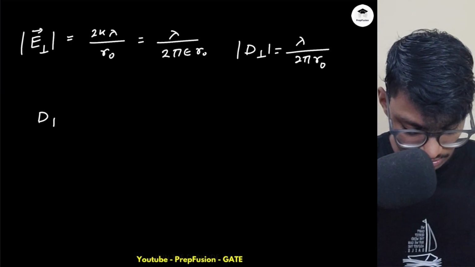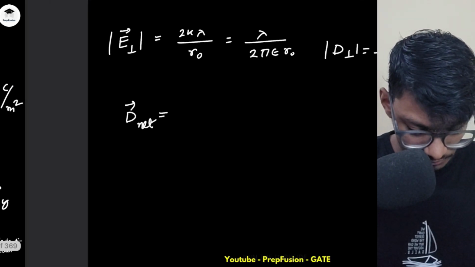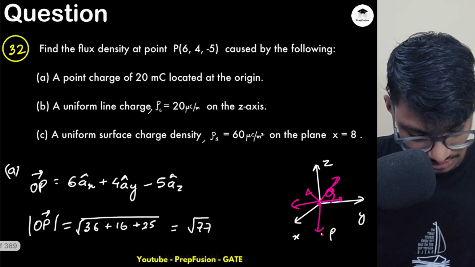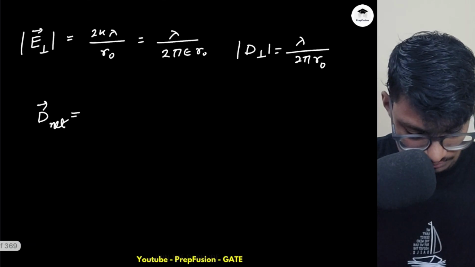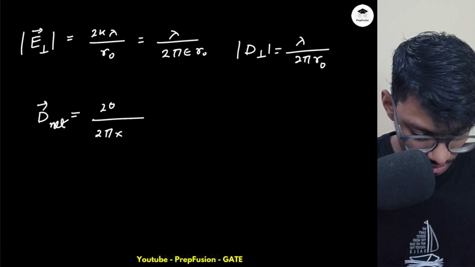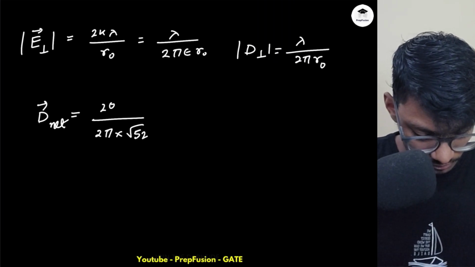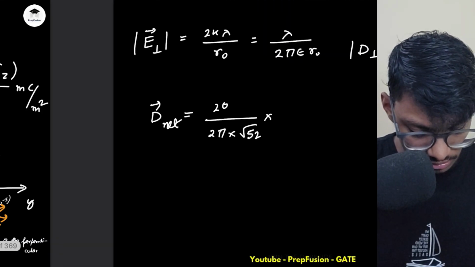So D net will be lambda. They have given us lambda 20 microcoulomb per meter. So I will just write this in micro itself. 20 divided by 2 pi into r naught, which is root 52, into the direction arrow cap.